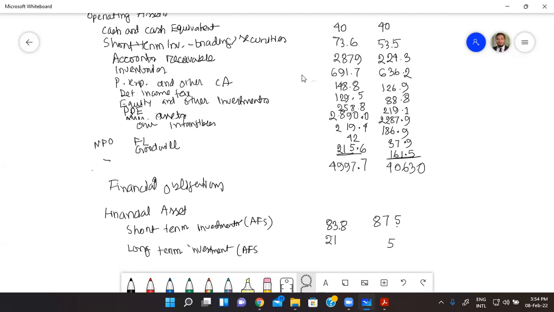What is it? It is the total operating assets. Okay. So it is the total operating asset, this amount. So we would like to finish the net financial obligations.